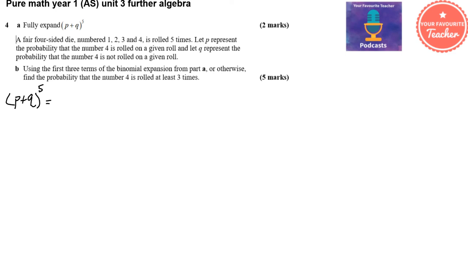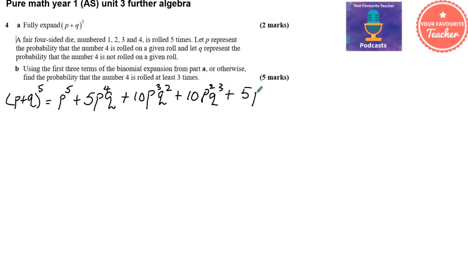And our expansion again becomes p to the power 5, plus 5p to the power 4 times q, plus 10p cubed q squared, plus 10p squared q cubed, plus 5p q to the power 4, and then finally plus q to the power 5. Notice the symmetry always in our expansions.